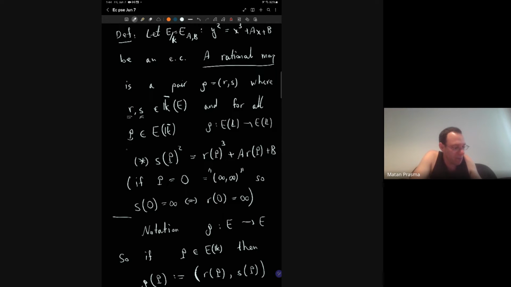Because a point P in E of L may have coordinates that are outside of K. So if the equation star is only satisfied for points with coordinates in K, we do not know that it is satisfied for points in E of L.